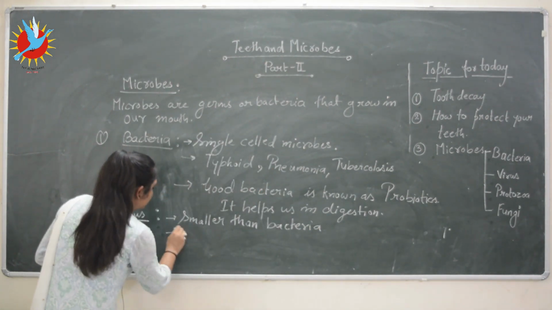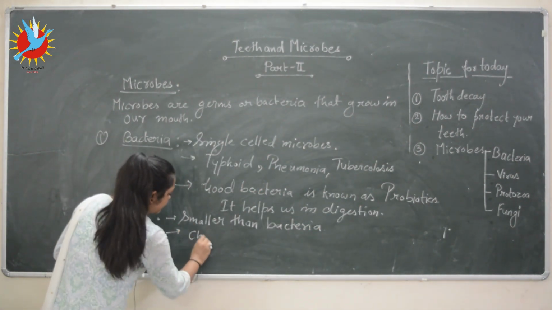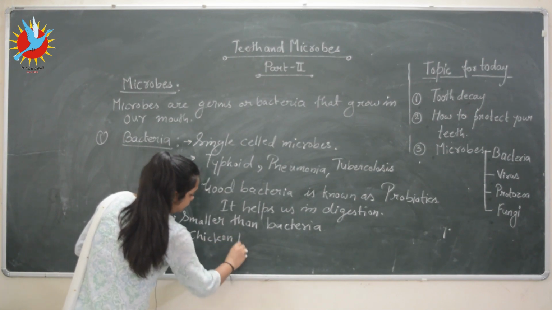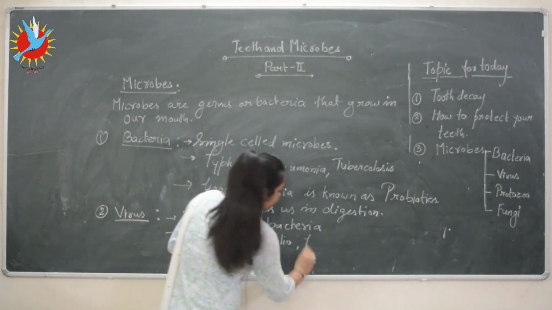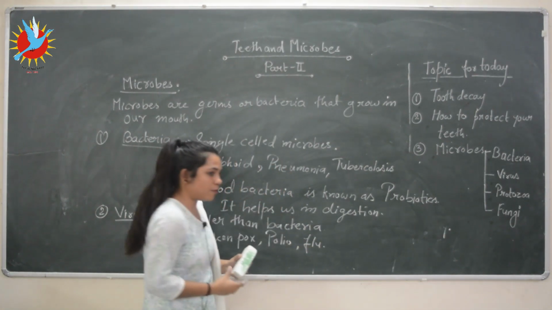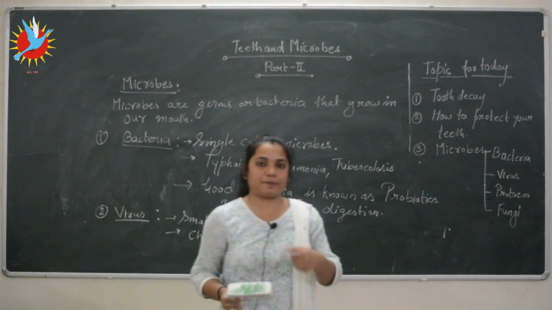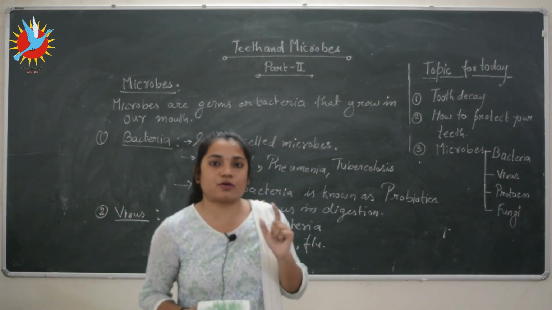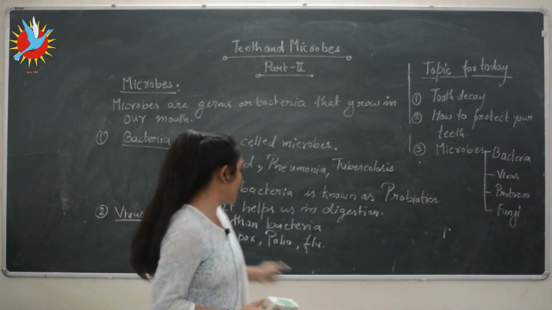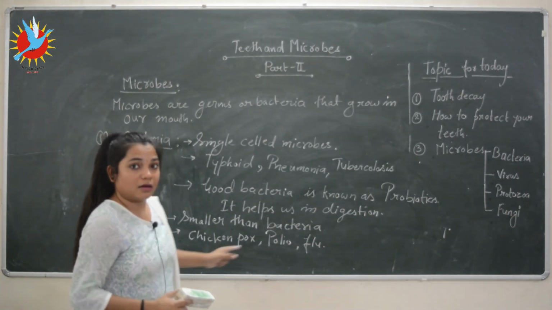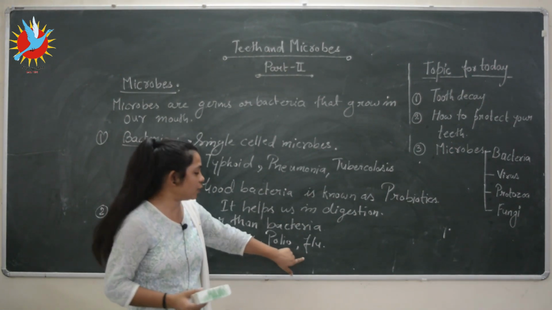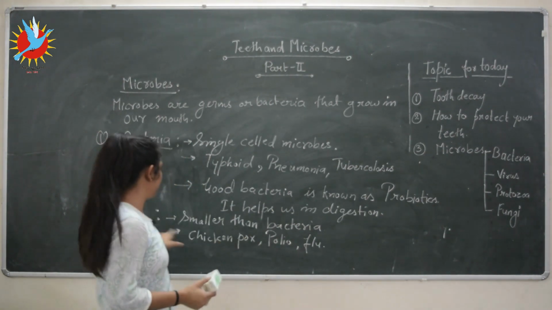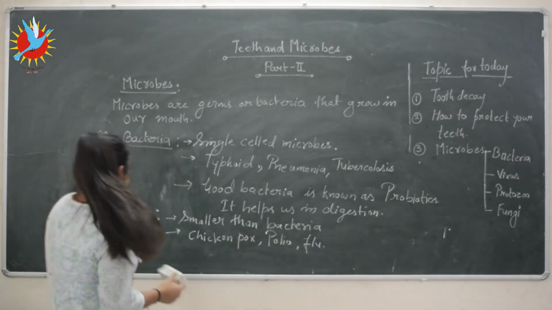Now the second point is they can cause chickenpox, polio and flu. Students, nowadays you are continuously hearing a word, that is corona. Corona is also a virus that can cause severe symptoms of flu, cough and cold. Okay, so please stay safe.